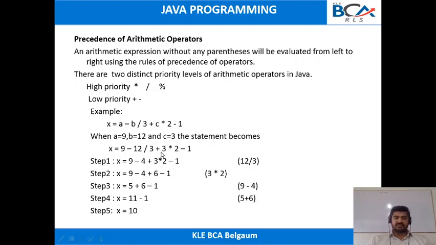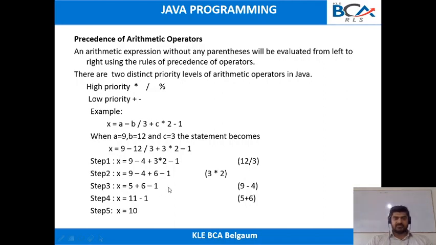Step 3: we perform the subtraction 9 minus 4, starting from the left, which gives us 5.